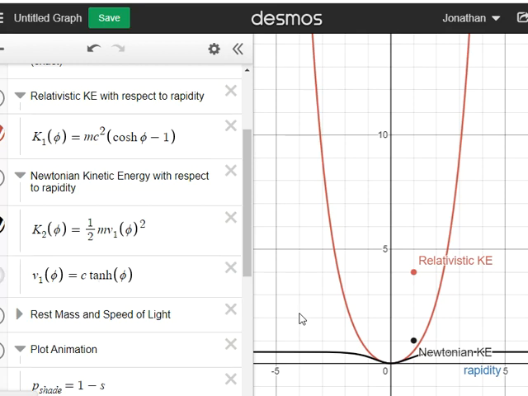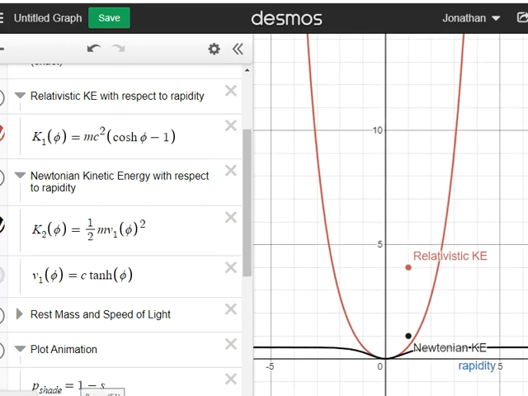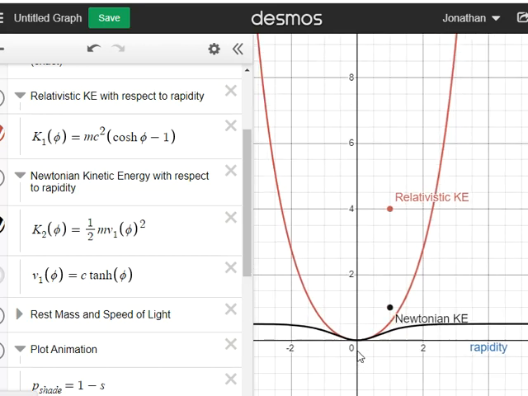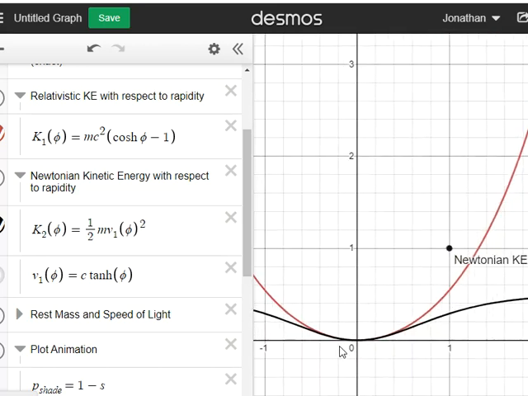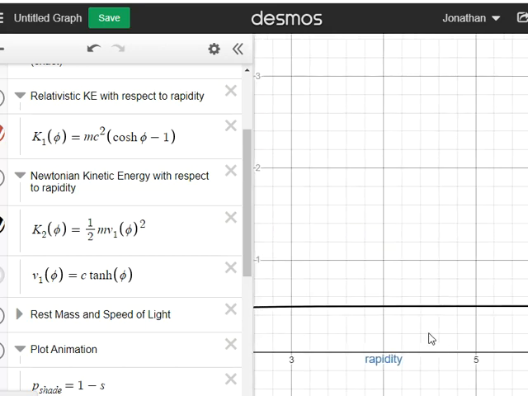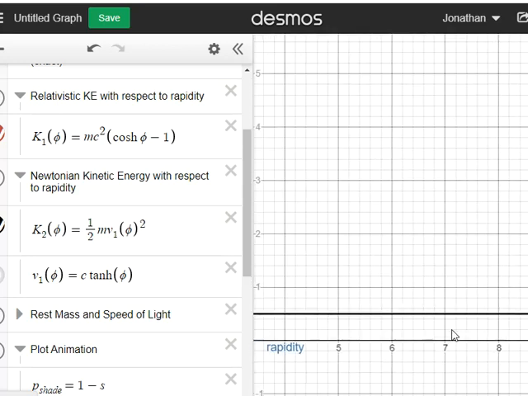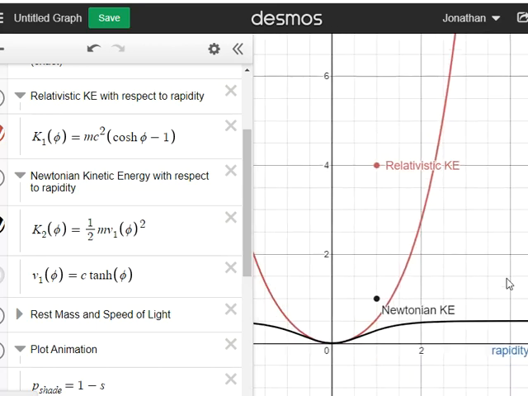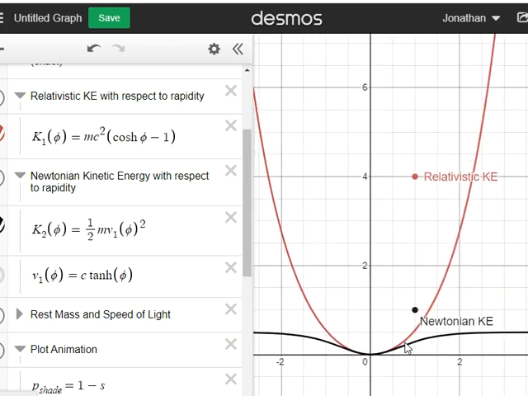And so in this case, increasing the rapidity to infinity does not allow the velocity to get over c. So the Newtonian kinetic energy starts out being similar, but then the velocity just approaches the speed of light, and the kinetic energy for the Newtonian case doesn't actually change that much. But when the rapidity changes for the relativistic kinetic energy, it goes up and up and up.